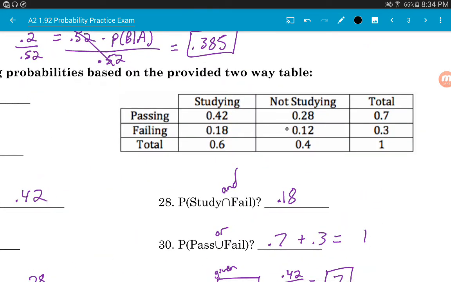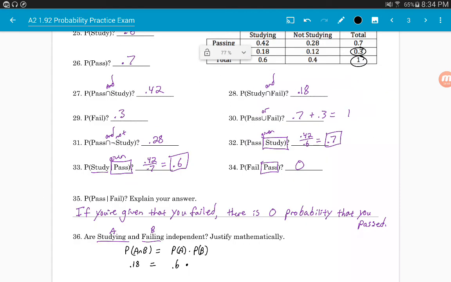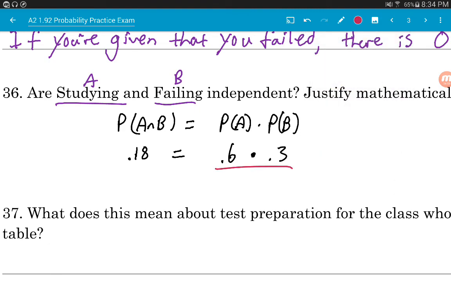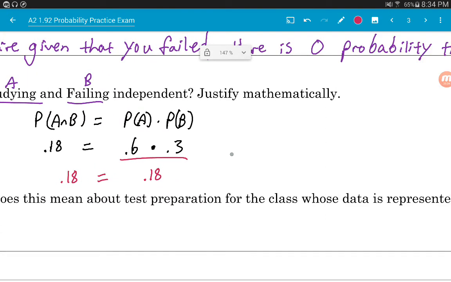The probability of failing is 0.3 out of 1, which is just 0.3. And if I do this right side in the calculator, I get 0.18. So 0.18 is equal to 0.18, and that means that they are independent.